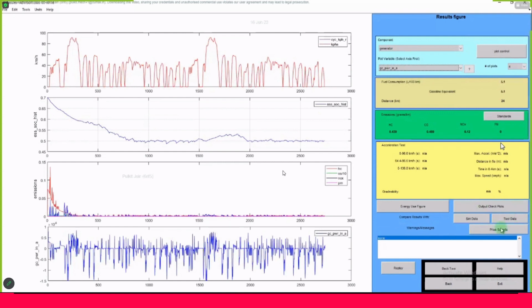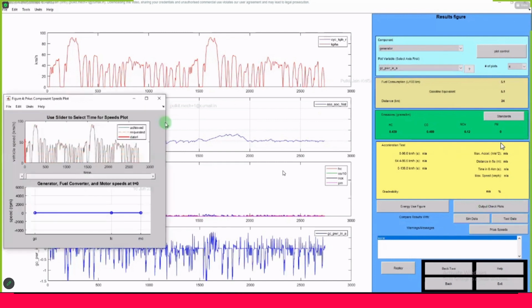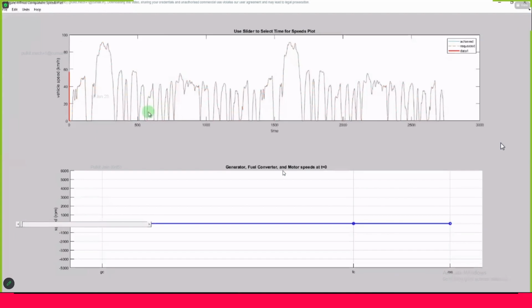Here for a Prius case, you can see another one, which is Prius speed. This one is really interesting for understanding what happens with each component of the Prius car. This particular plot is a driving cycle.